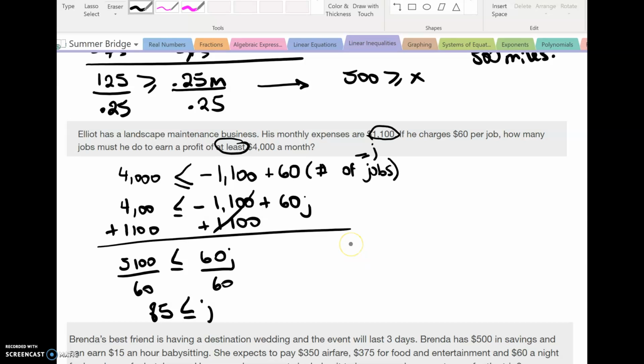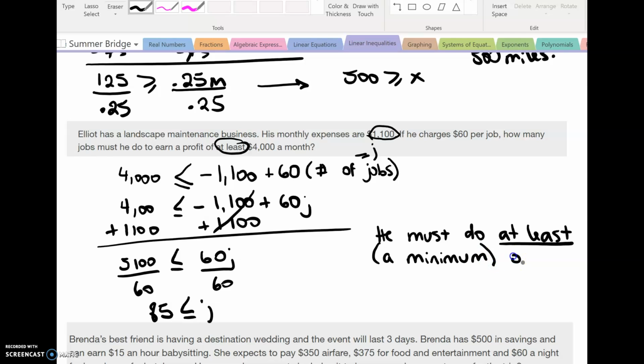Okay, so he must do at least, or you could even say a minimum of 85 jobs.